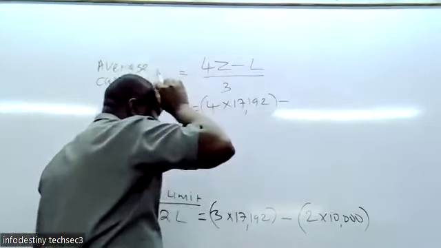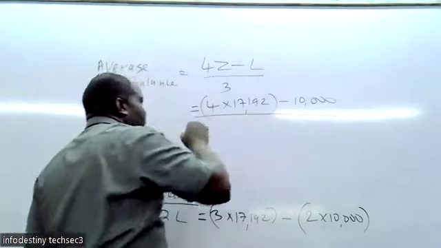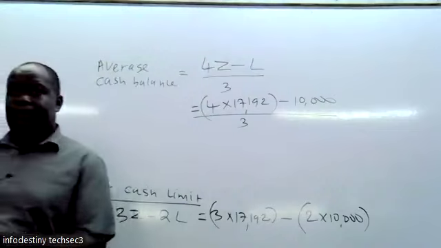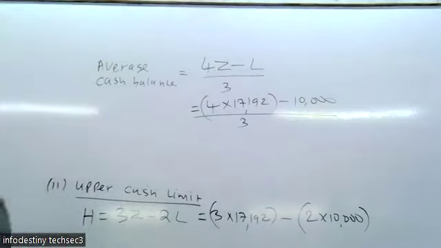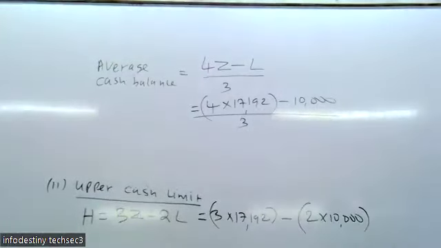L is the minimum cash balance, which is 10,000, divided by 3. So that is now our Roman letter 3. So after that, we now go to the Roman letter 4.